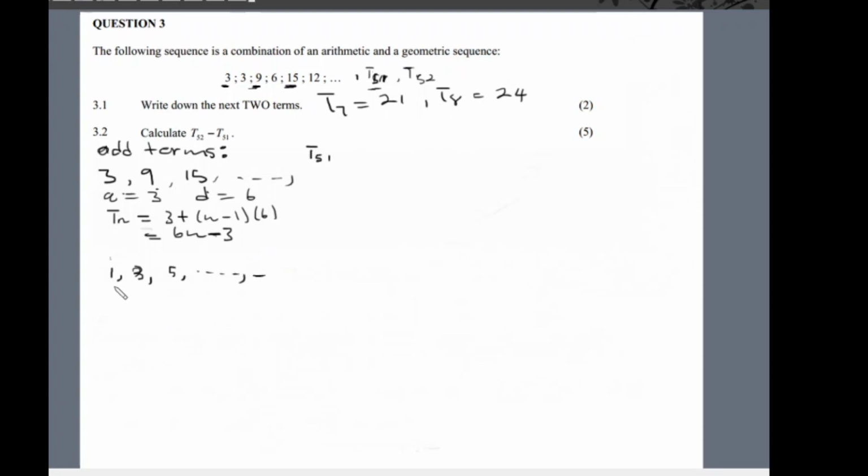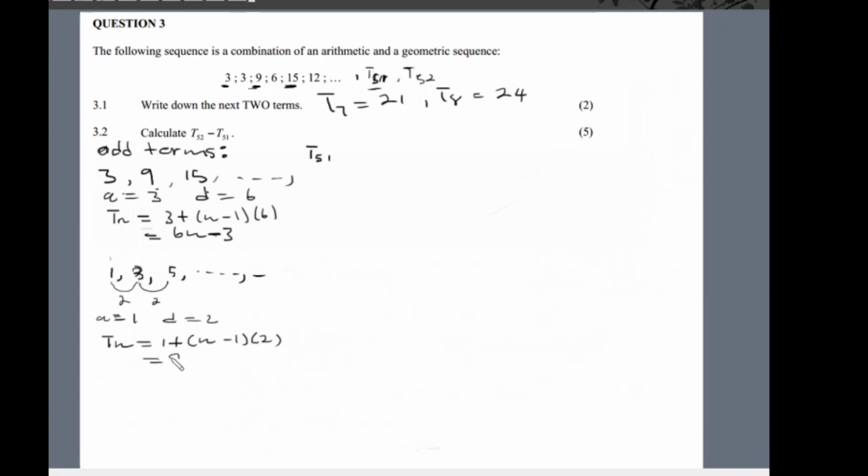So to do that, notice that these positions form an arithmetic sequence, with a common difference of 2, and the first term is 1. So the formula for their general term is Tn equals 1 plus (n minus 1) times 2.